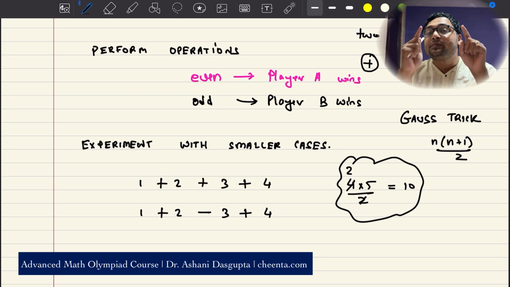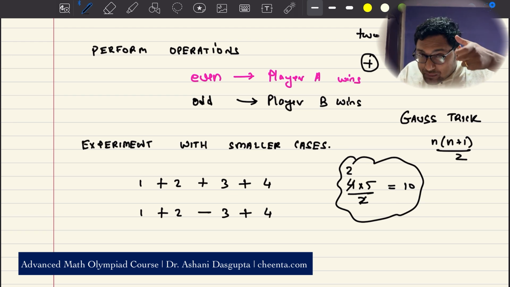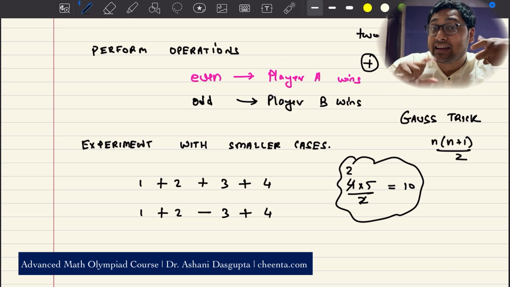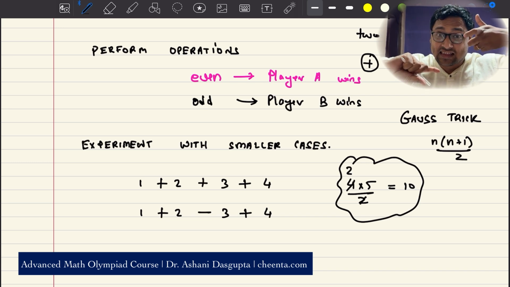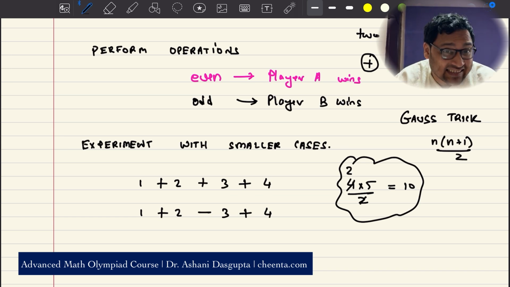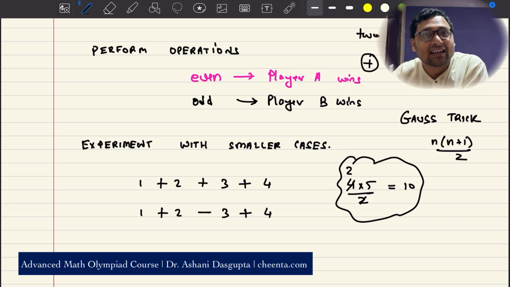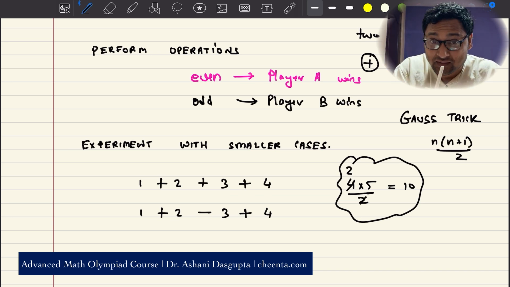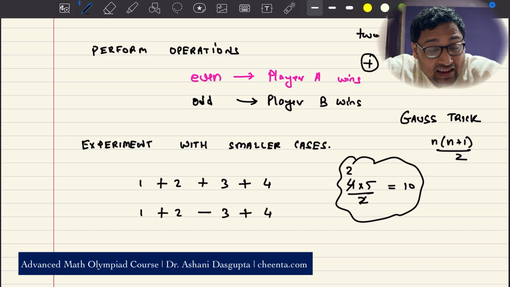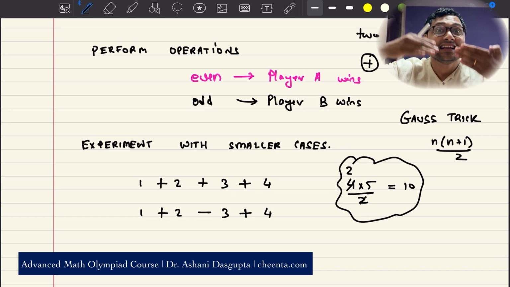Okay, so observe what happened to the entire value. Since I flipped plus 3 to minus 3, the value reduced by 6. That is twice the number that has been flipped. 3 is flipped to negative 3, so the total value reduced by 6.